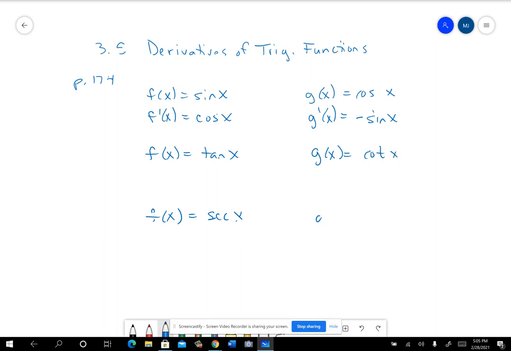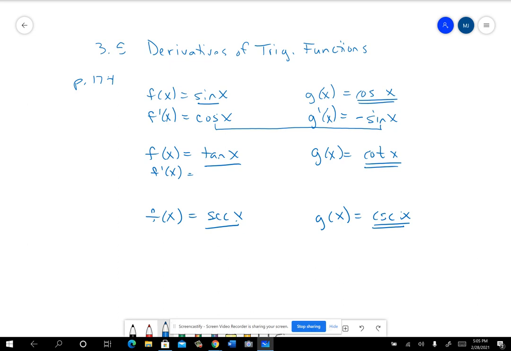So see how the functions I'm doing on the left column are sine, tangent, secant. Then over here, I'm doing the cofunctions of those. And watch what happens when you do the derivatives. The derivatives are also cofunctions, just with a negative out in front. So if you know the derivative of tangent, then you can get the derivative of cotangent.